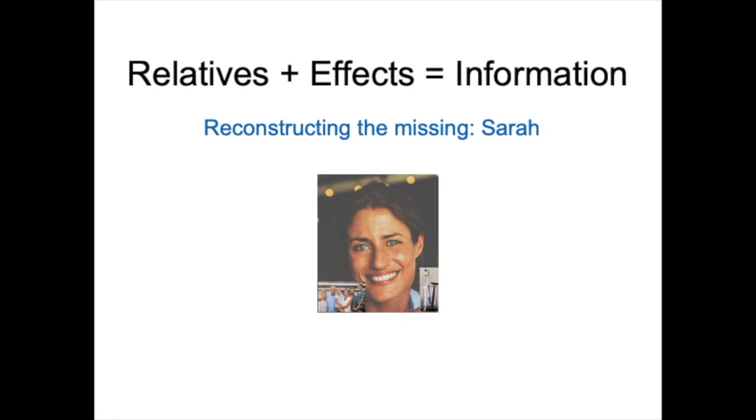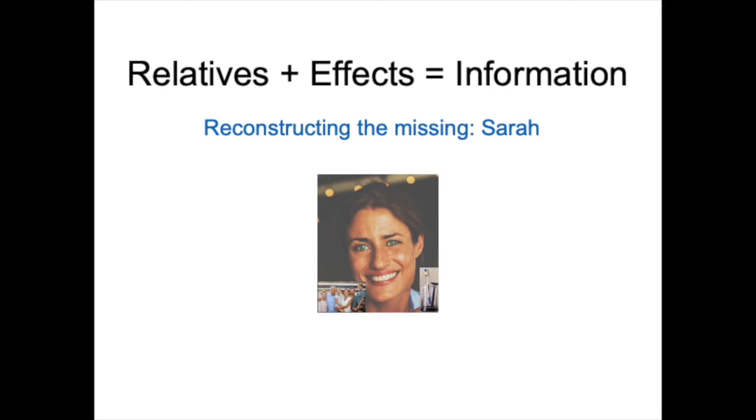But that's not all. So yes, we can reconstruct genotypes from relatives and their DNA, and we can reconstruct genotypes from DNA mixtures and low-level or degraded DNA. But what we did for the World Trade Center is we combined both methods.